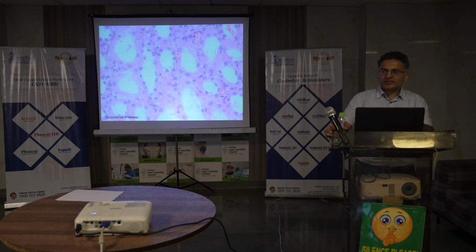If C4d is positive, I see microvascular inflammation, I see glomerulitis, peritubular capillaritis, that is microvascular inflammation, C4d is positive, then I label it as chronic AMR. Now, C4d is negative. There is no microvascular inflammation. One more thing, electron microscopy will show peritubular capillary basement membrane multilayering. Okay, so we come to the second scenario.